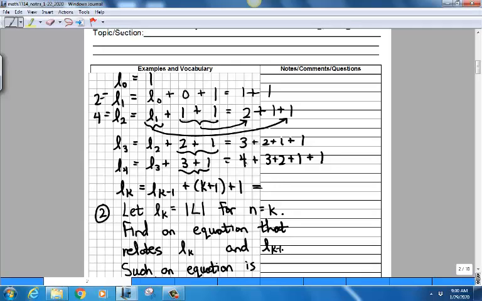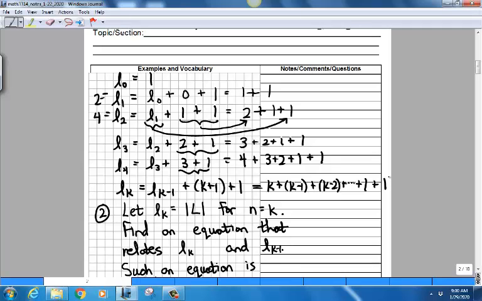So we'll get k plus k minus 1 plus k minus 2, all the way down to 1. And then, what do we have added on at the end? Yeah, 1 additional 1.